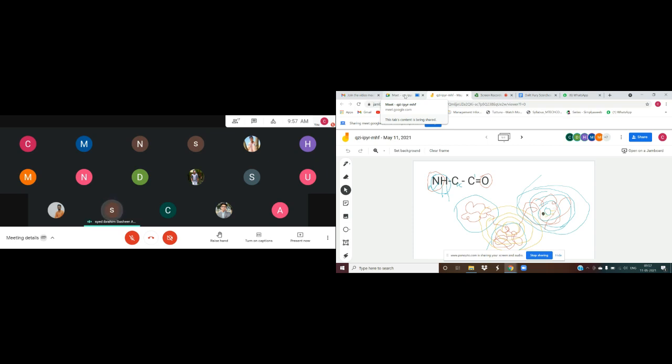As I told you, the hydrophobic amino acids are in the core of the protein, but still they carry these charged atoms, this nitrogen and oxygen.